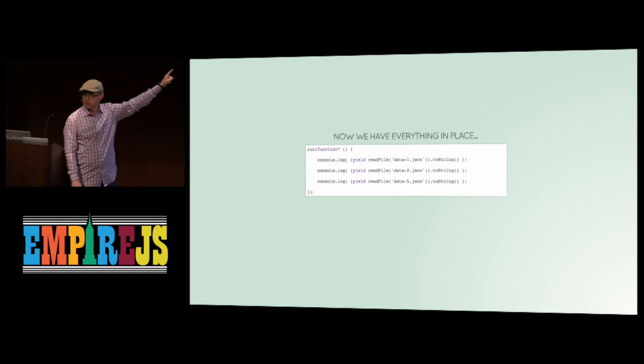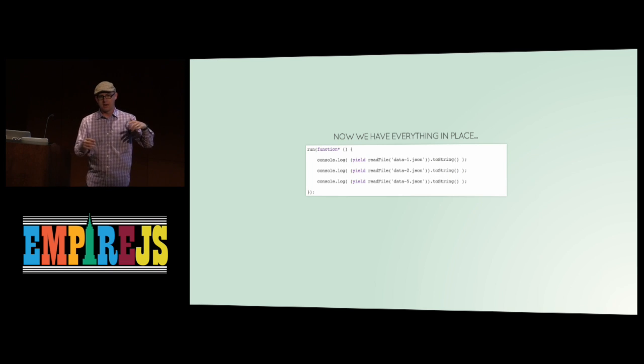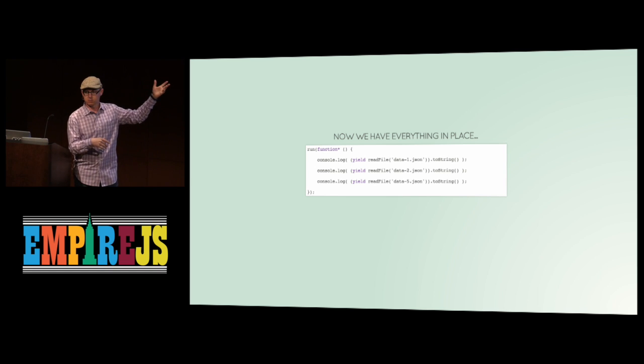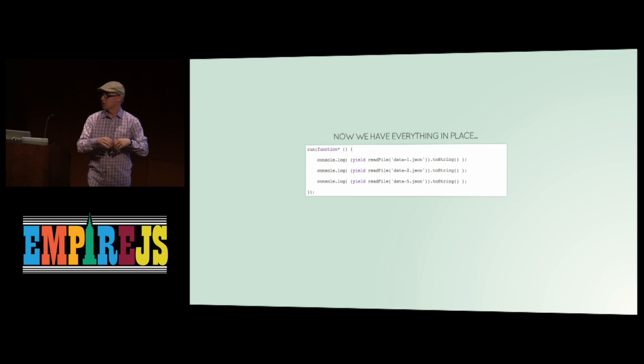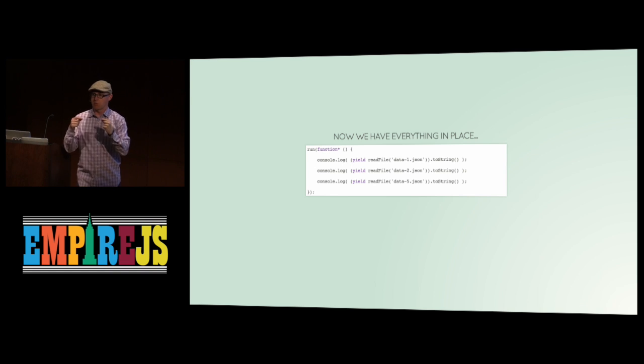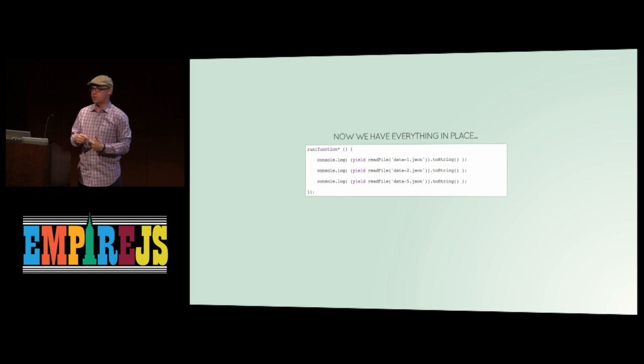This is what it looks like. We've got our run method, and we're passing into the run method an anonymous generator function. In this function, we have 3 file reads. Remember, this is our promisified read file. So we call read file, we pass in the file name, and it returns a promise. And we yield that promise to our runner. And then our runner calls then on that promise object and waits for it to resolve or reject.